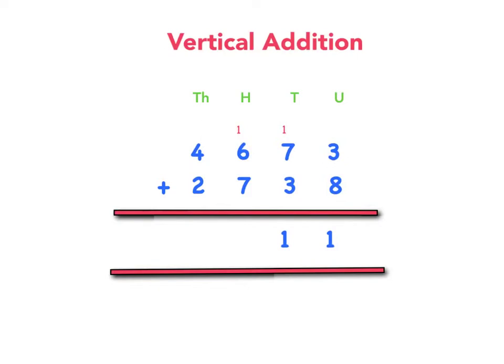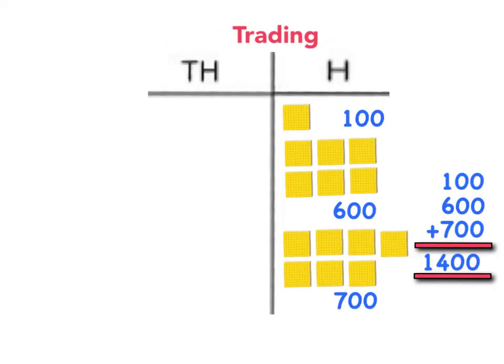We now need to add up the hundreds column. We have our 100 that's been traded, plus 600, plus 700. Let's have a look at this on our chart. Viewing this on our chart, we have our 100 that was traded from our tens column, plus 600, plus 700.